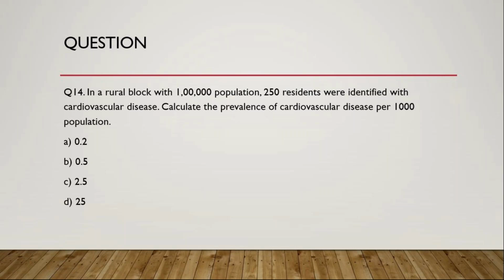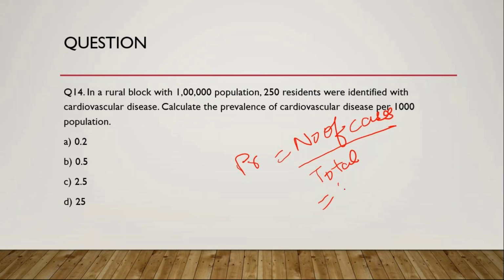Option C, 2.5. Yes. As I have told you, prevalence is equal to the number of cases at that particular time upon the total population. So the number of cases is 250 upon 1 lakh.